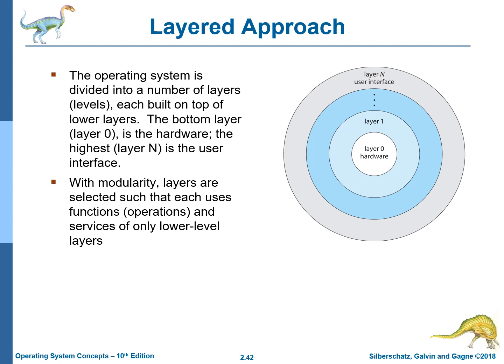The highest layer, layer N, is the user interface. With modularity, layers are selected such that each uses functions, operations, and services of only lower-level layers. This approach allows each layer to be developed and debugged independently, with the assumption that all lower layers have already been debugged and are trusted to deliver proper services.